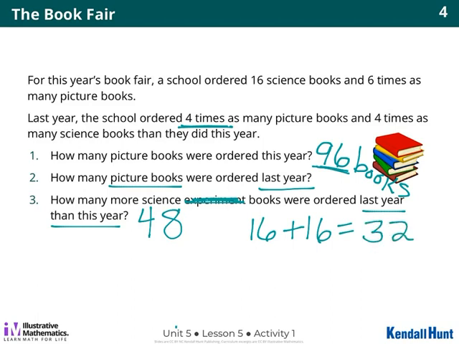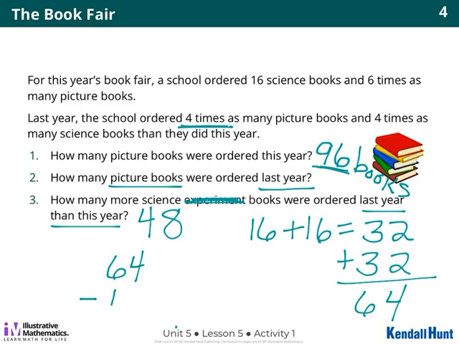Perfect. Okay. 32 plus 32. Oh, some doubling action. And what does that give you? 64. Okay. And then I did 64 minus 16. So 64 represents 16 minus 4 or times 4? 4 times as many.